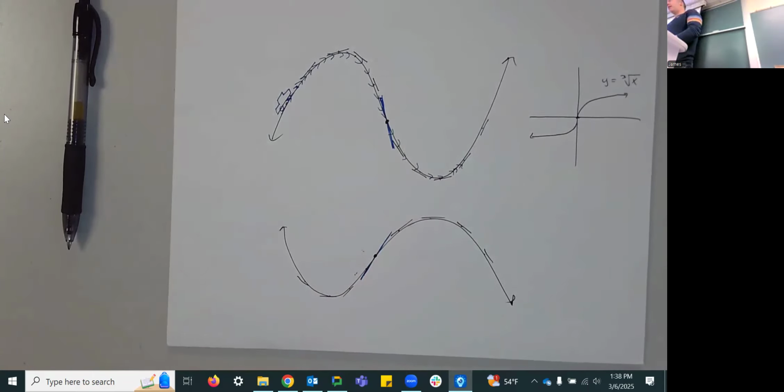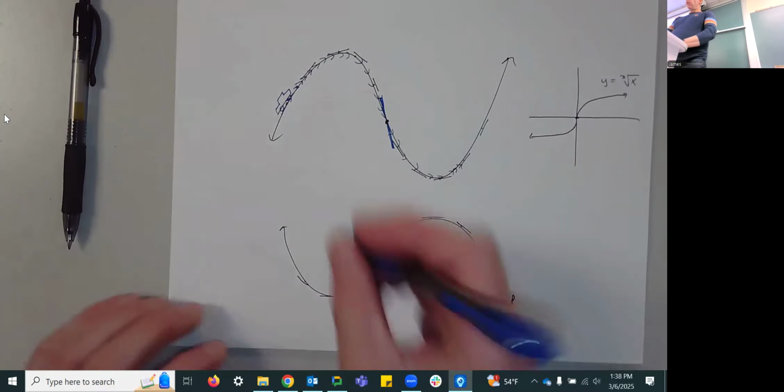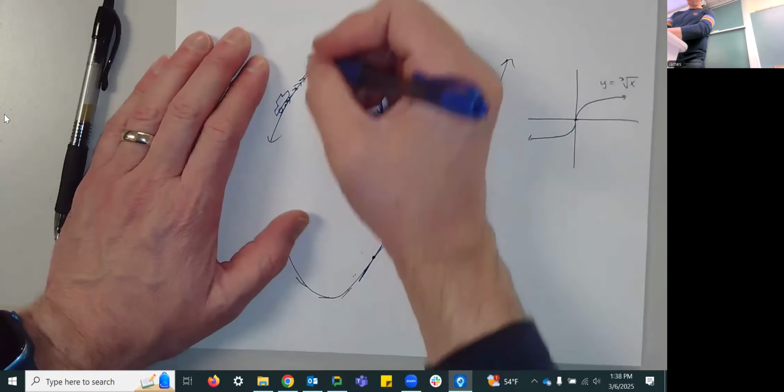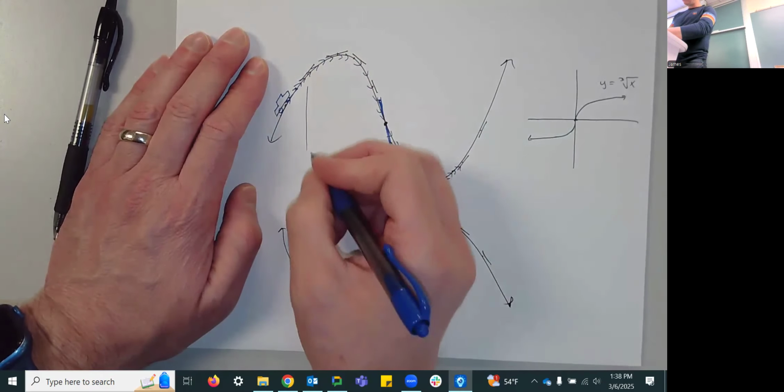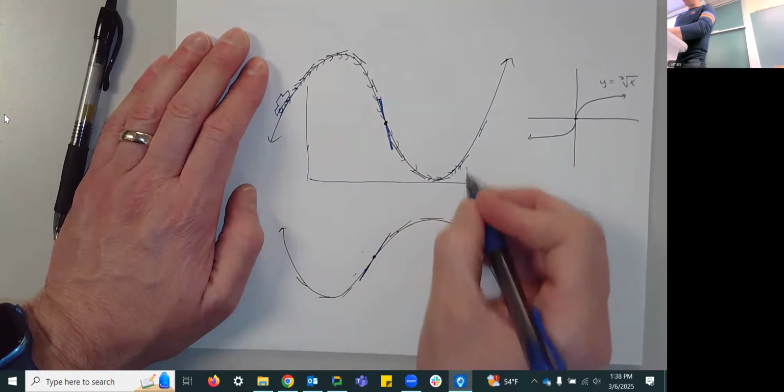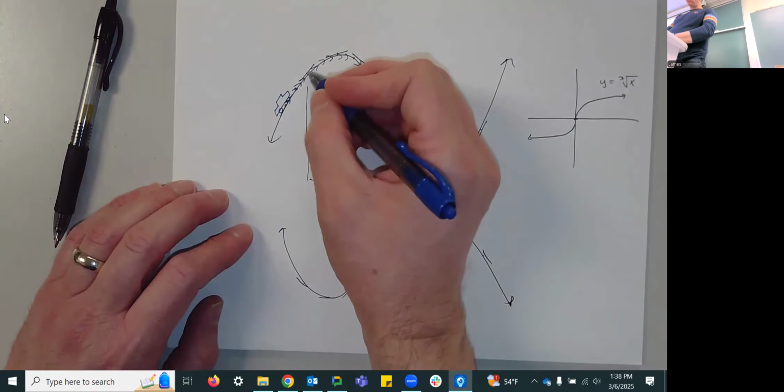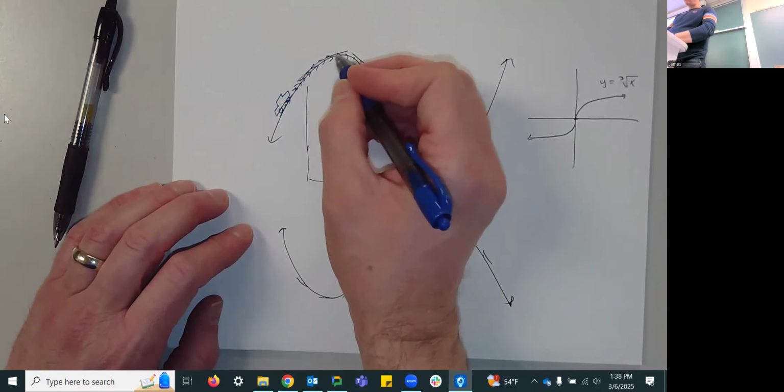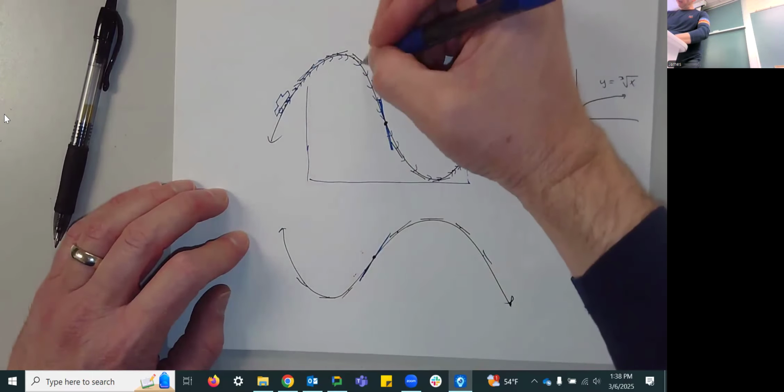One more way to say it, and then I promise to go back to the problem. It's where you have the steepest derivative. So let's limit ourselves to this kind of region right here. Slightly positive derivative, then negative, negative, negative.